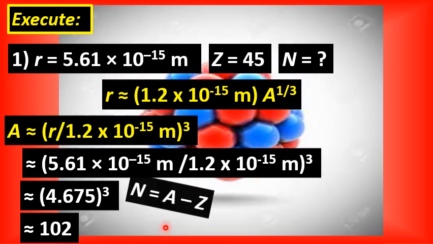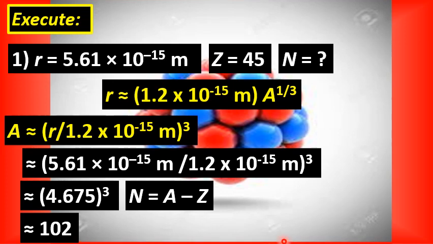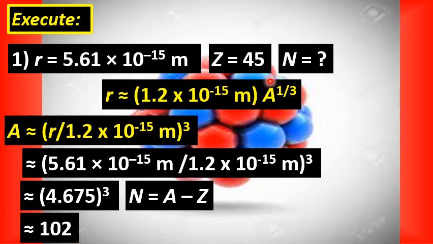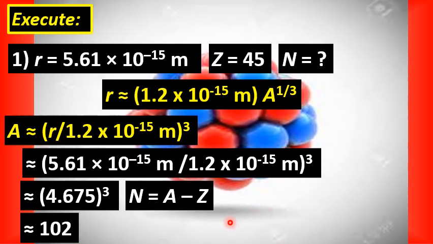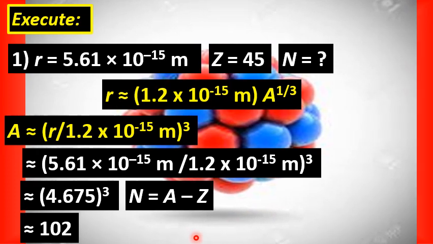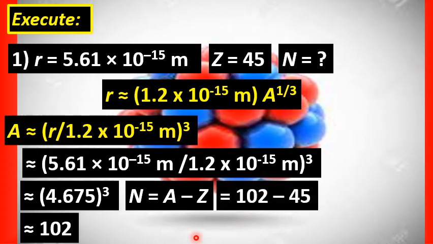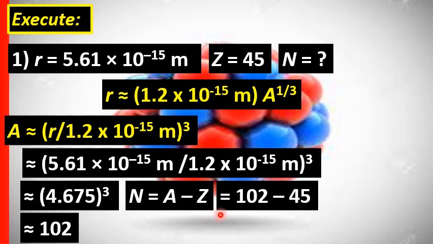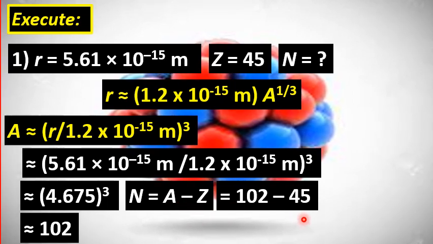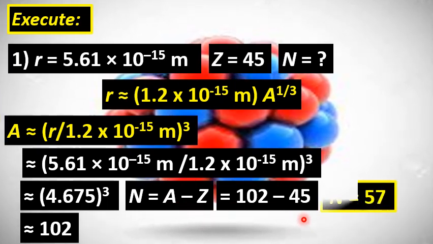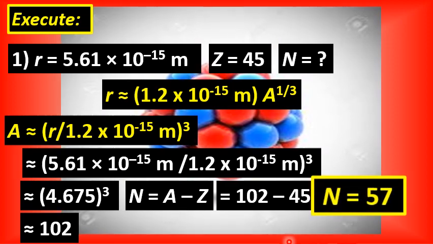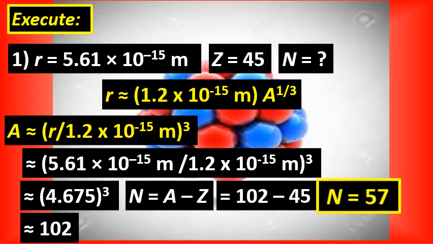Since we are given the number of protons, which is 45, the number of neutrons, capital N, is just equal to A minus capital C, or 102 minus 45, and that gives us the number of neutrons of this atom, which is 57.